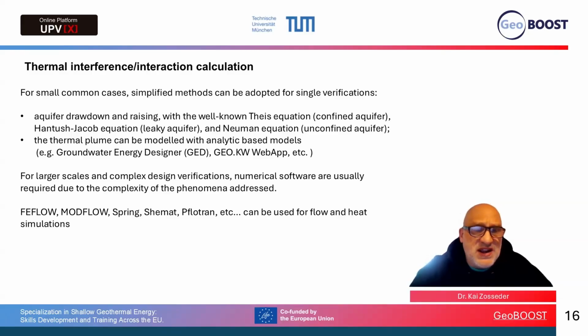If you have larger scales and a complex design of your system with a lot more wells and a lot more volume flux, for example, then you have to use numerical software. So you have to simulate in a numerical way the propagation of the thermal plume. For this, a lot of other models are available, and software like FEFLOW, MODFLOW, SHEMAT, PFLOTRAN, which can be used for flow and heat simulations.